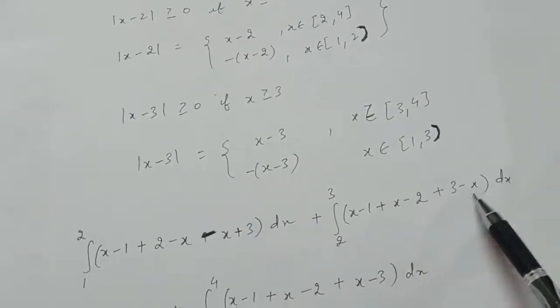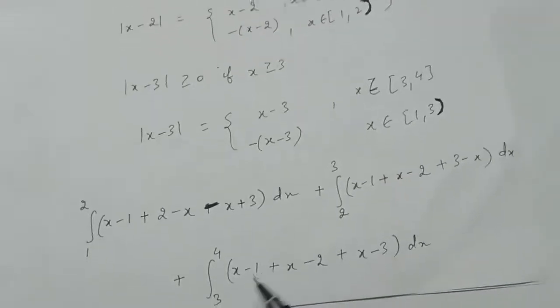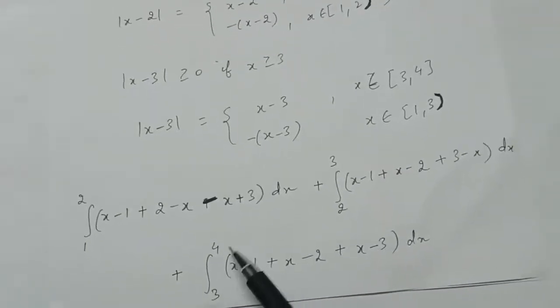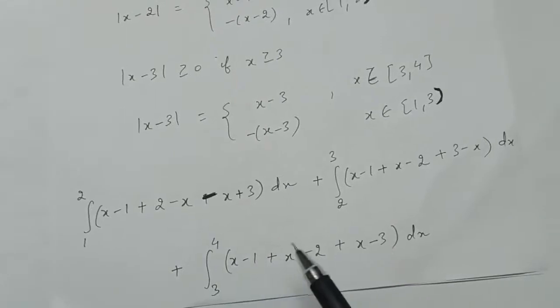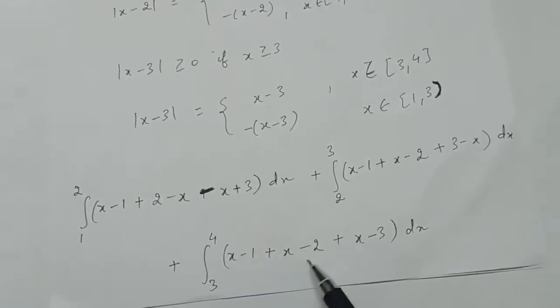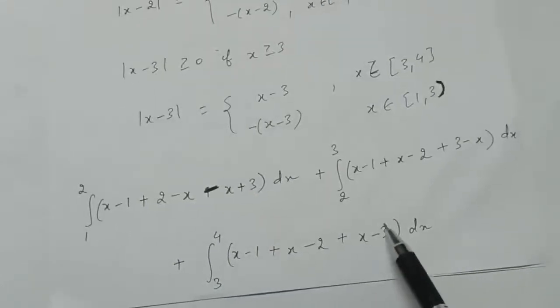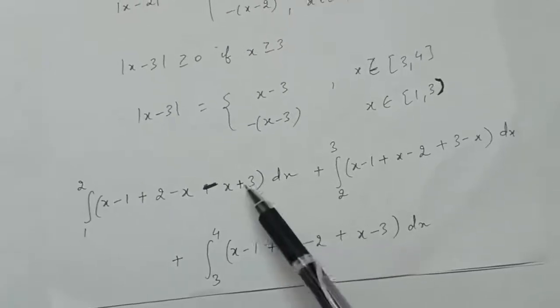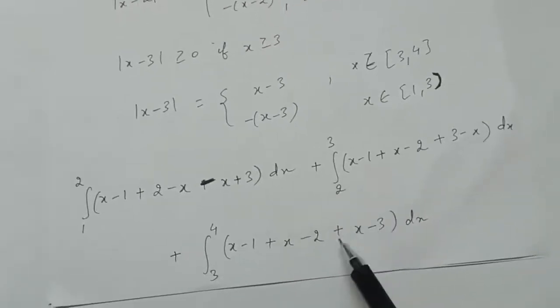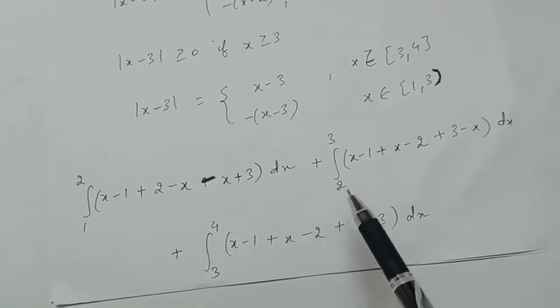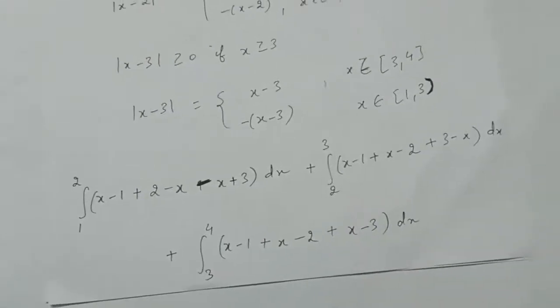So write down plus 3 minus x, and for this limit 3 to 4, modulus of x minus 1 is positive, modulus of x minus 2 is also positive, and modulus of x minus 3 is also positive. Now solve these terms and then find out the integral and put the limits.